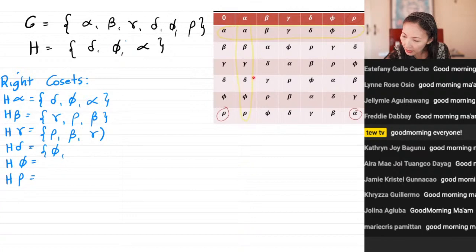Phi times delta is alpha. And finally, alpha times delta is delta. Let's write it properly to distinguish it from the rest.